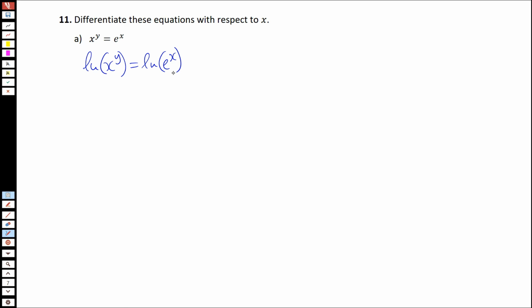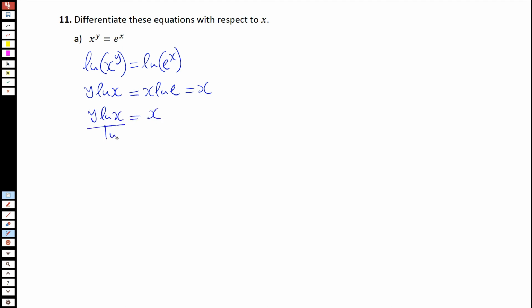So by laws of logarithms, this will just be equal to y ln x, and this will just be equal to x ln e, which is just x. So we have y ln x equals x.